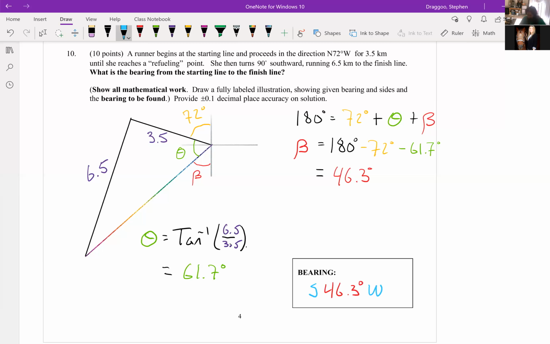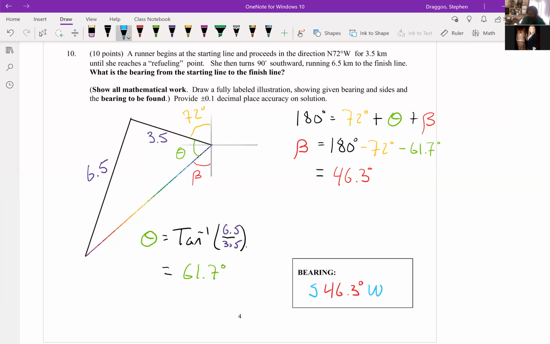I'm using heading sort of loosely here. But the compass part is just determining north, south, east, and west. So once we get the bearing angle, all that's left is determine which direction I need to be headed in. And that's as simple as just deciding which quadrant our line is in. So we're in quadrant 3, which is the southwest quadrant, so we're going that way, southwest.